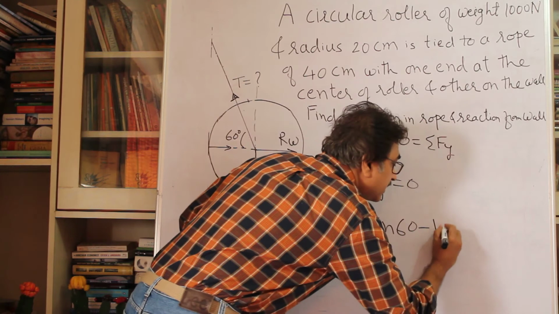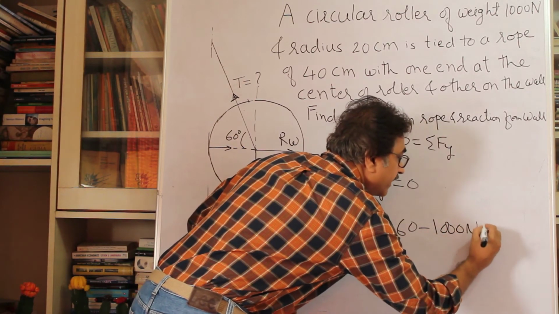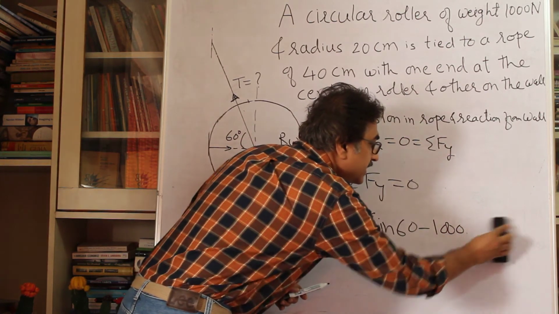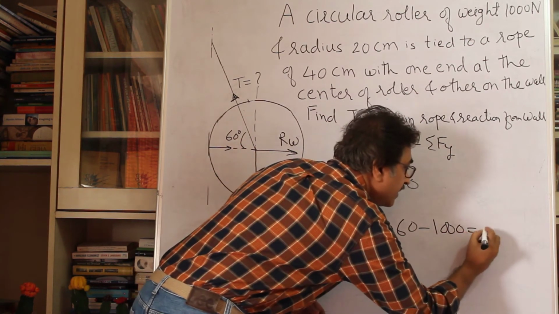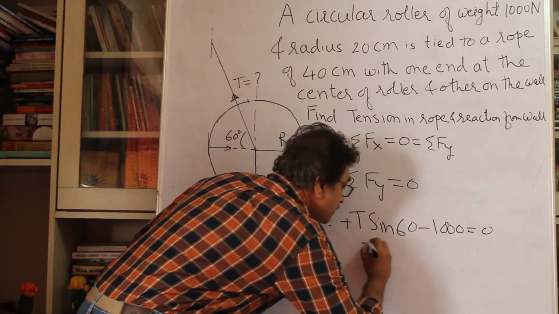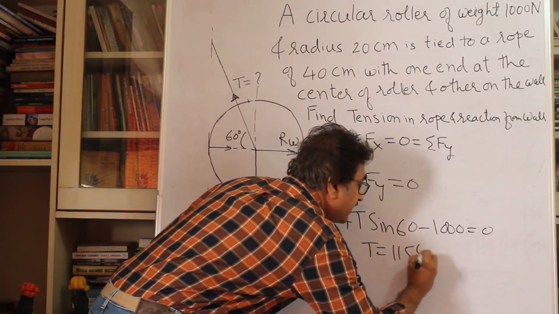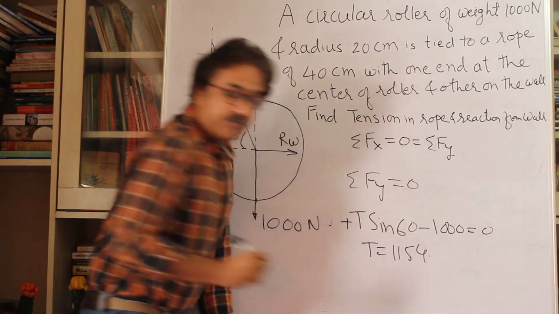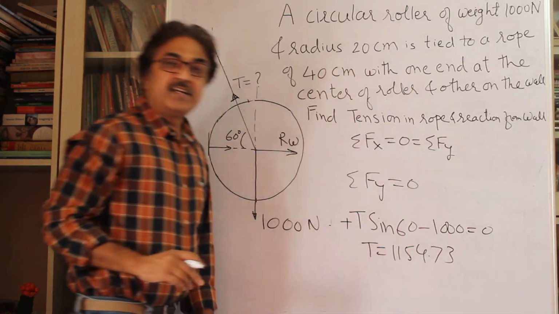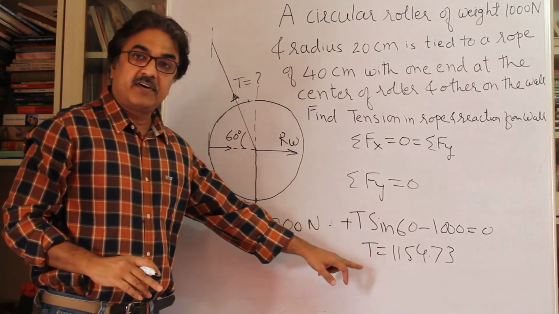So minus 1000 newton is equal to 0. I don't have to write newton. T sine 60 minus 1000 is equal to 0. So when you solve this, you will get T is equal to 1154.73. This is T. You got first answer.